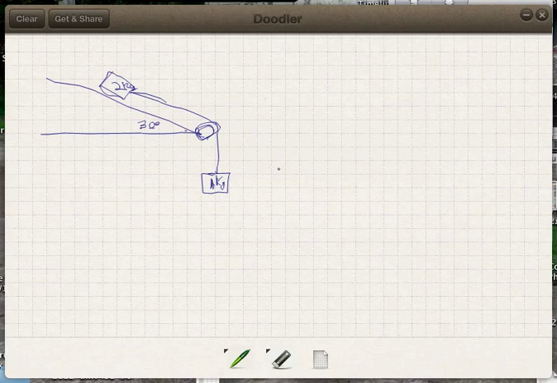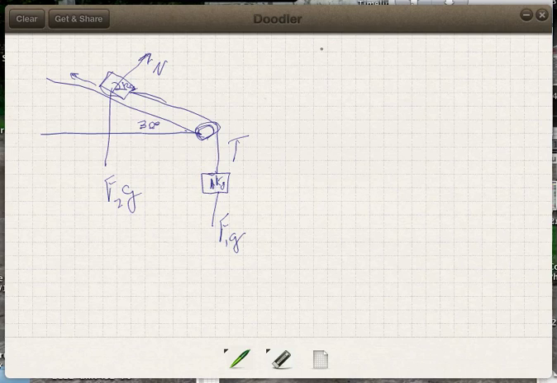Now there's a number of ways to do this. We can recognize there's a tension here, and there's a force of gravity. Let's call this force 1 gravity, because there's also a force 2 gravity here. And there's a normal force on this guy, and there's a force of friction.